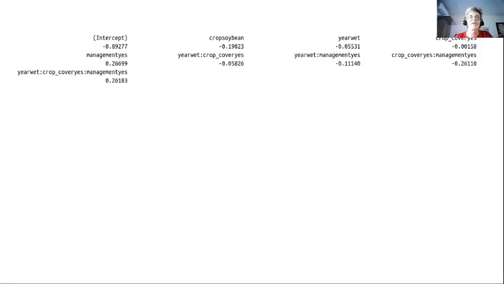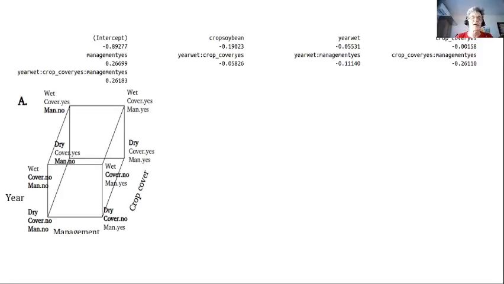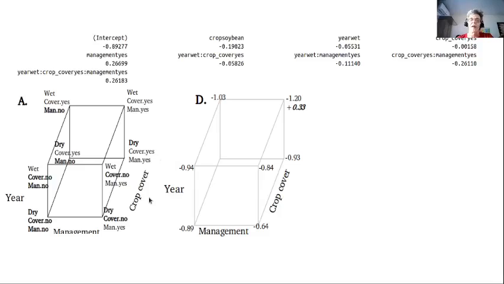So here are again the coefficients of the fixed effects for this model. I recall yet again all the combinations of levels of the three factors: year, management, and crop cover. And so after adding the interactions, I'm going to add the third order interaction in the top right hand corner at the back.